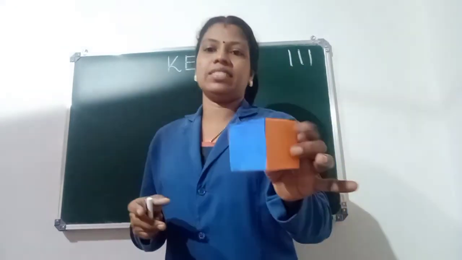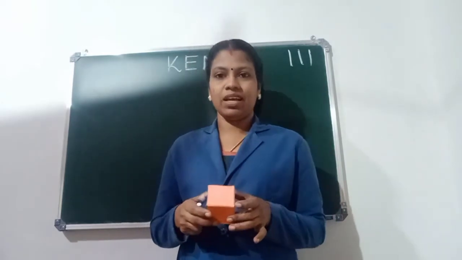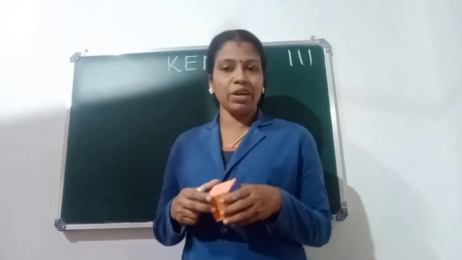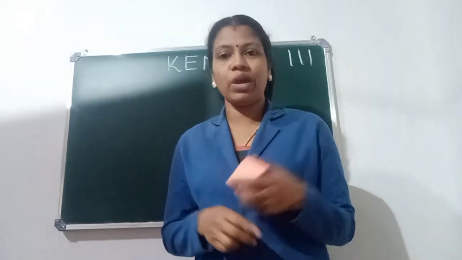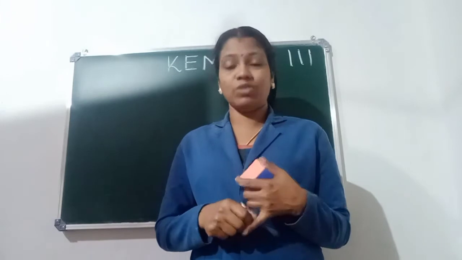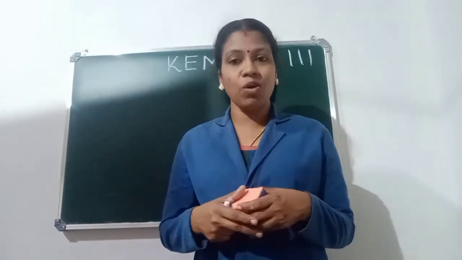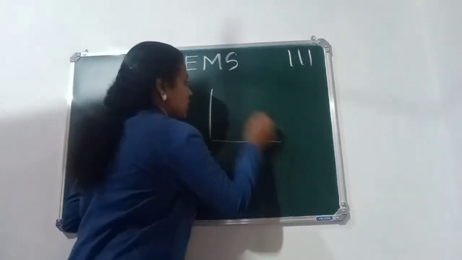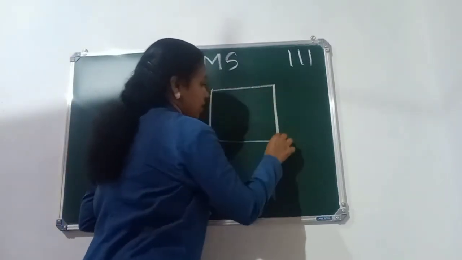So this is the first solid shape, the cube. Do you know how to draw a cube? It is very easy to draw a cube using squares. Using two squares, we can draw a cube. Look here. First draw a square.